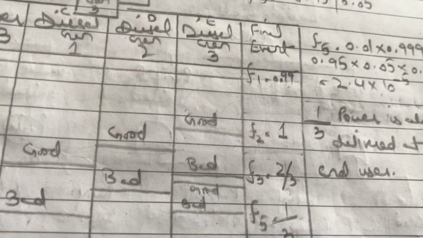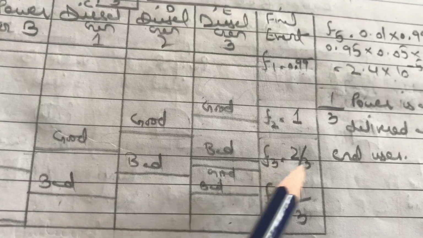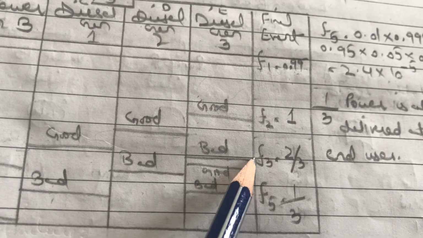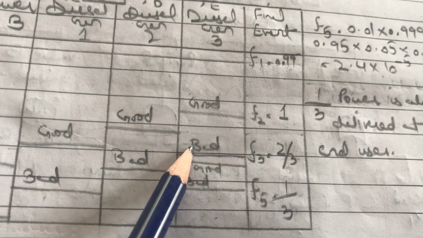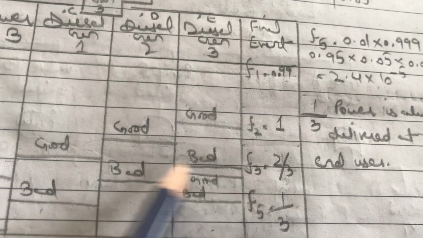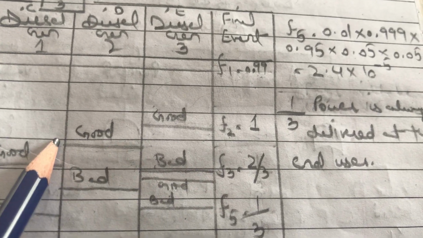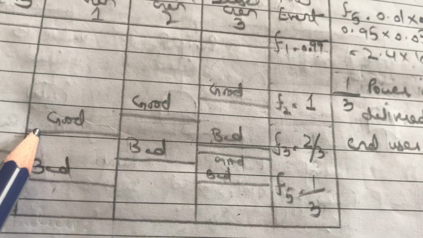Now let's look at F3, which is 2 upon 3. Why do we say this is 2 upon 3? Because diesel generator 3 is in the bad condition, meaning it is in the failed condition, and diesel generator 2 and diesel generator 1 are in the operating condition.